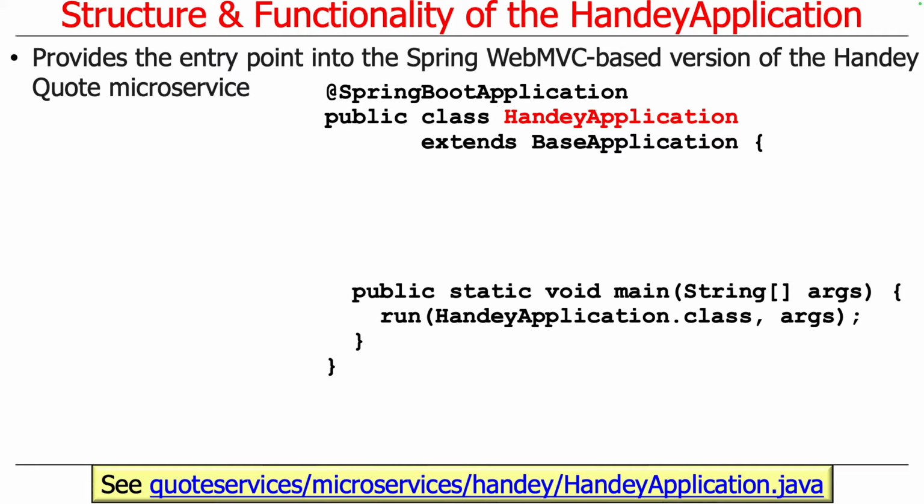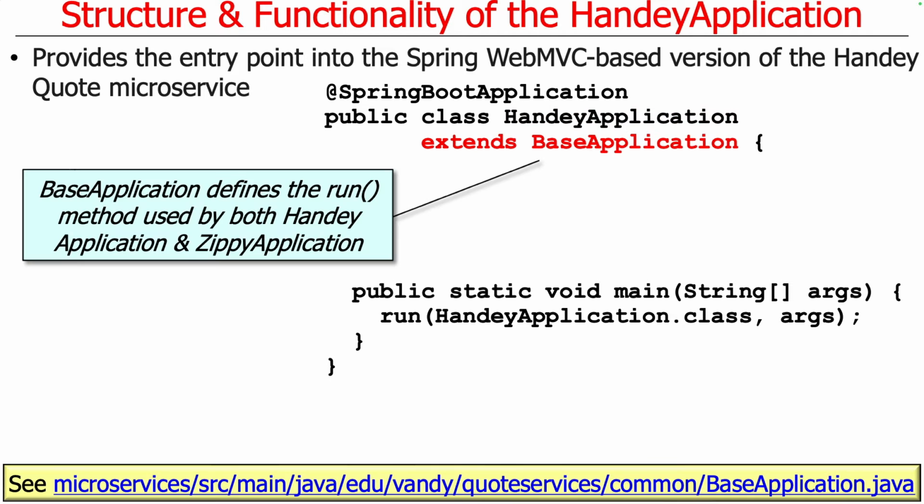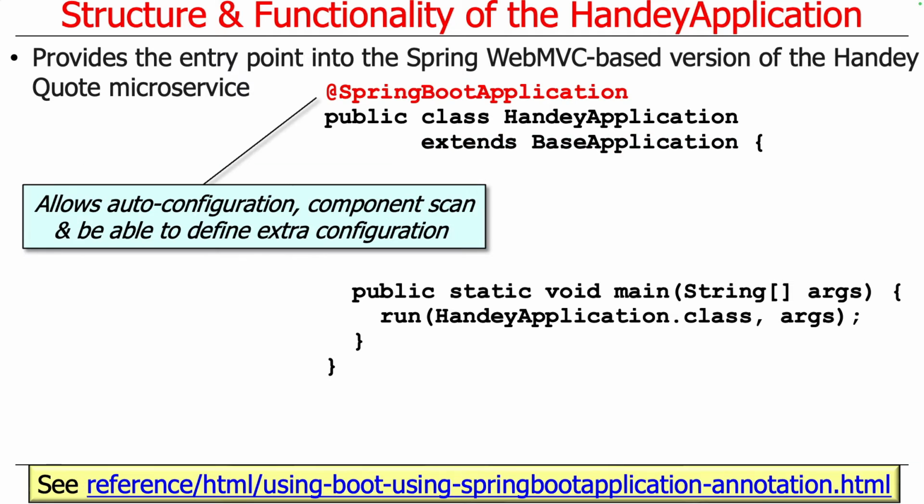So we have a Handey application class, which is the entry point into this Spring WebMVC based version of our Handey Quote microservice. As you can see here, Handey application extends base application, the superclass that defines the run method that will be used by both Handey and Zippy applications, just factoring out common code.